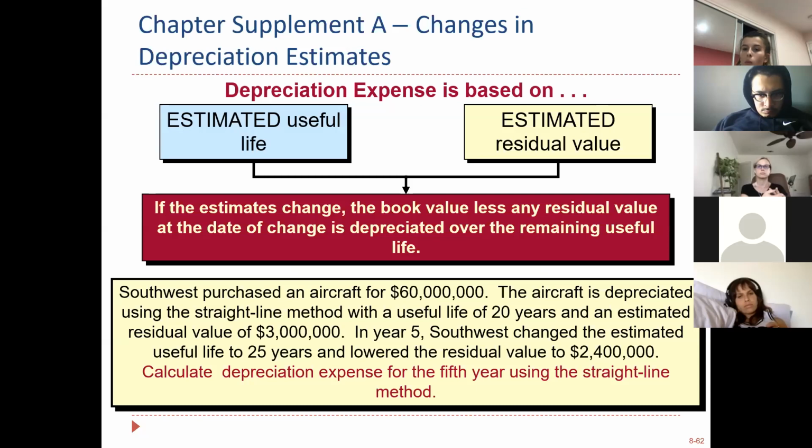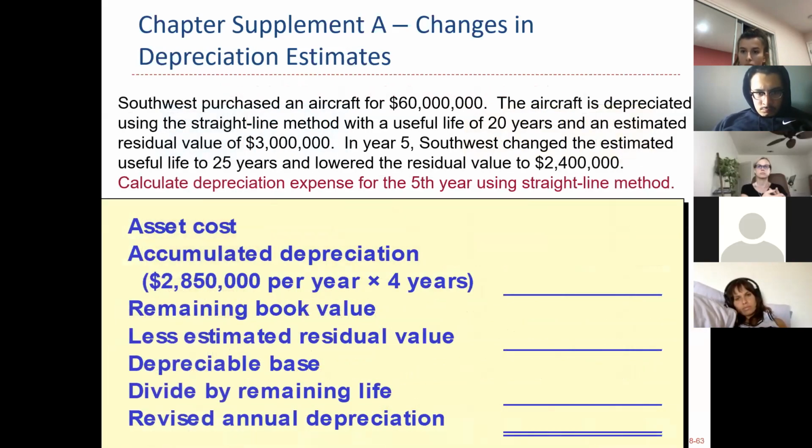What we have to do is know what the net book value was at the time of this change, because that's the remaining amount we are going to depreciate. I said net book value, I meant to say the depreciable value, the undepreciated amount at the time of the change. We now have to divide that by its new remaining useful years and consider the new residual.